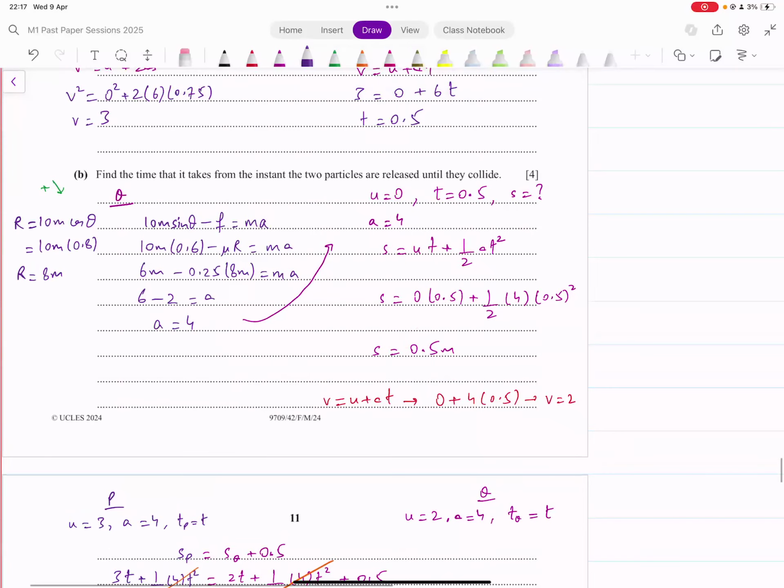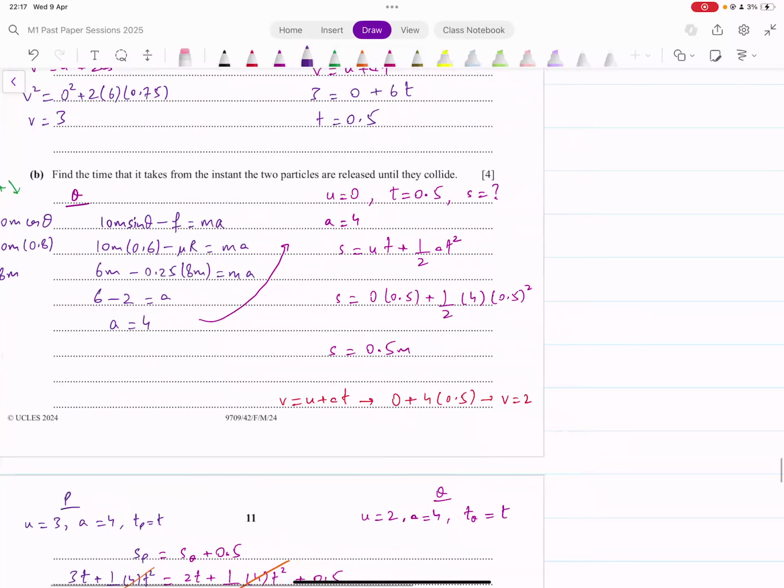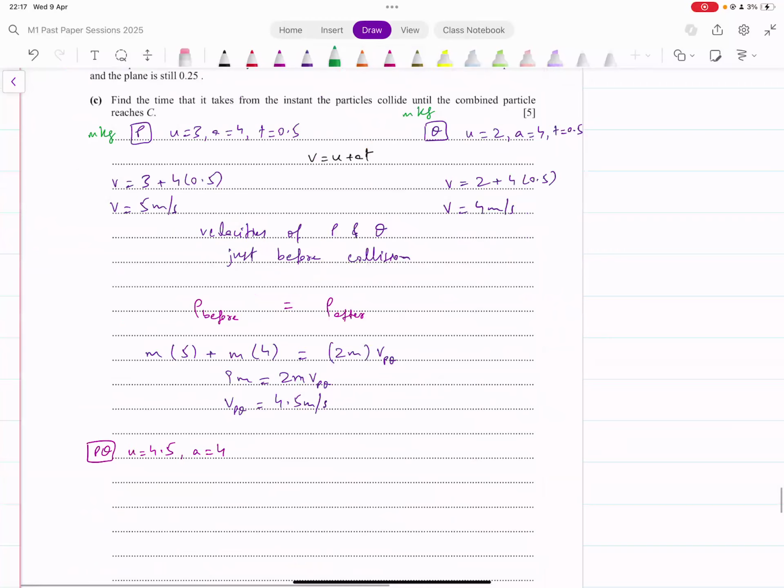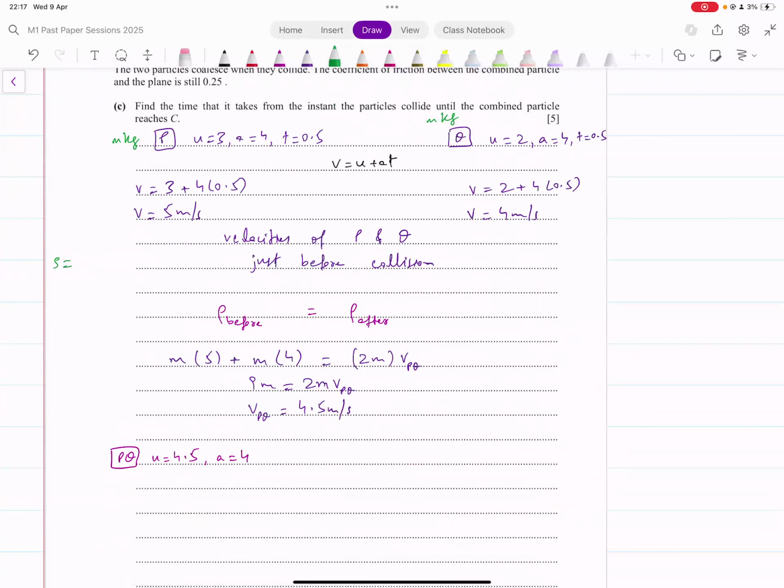Okay, let's find the displacement of P in the second part of the journey. For this, I'm going to use S equals UT plus half AT squared to get the displacement of P. What would that be?